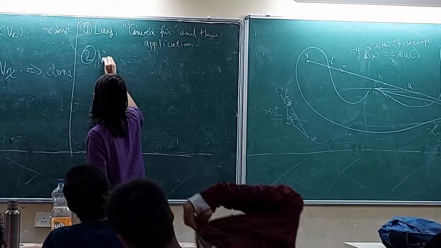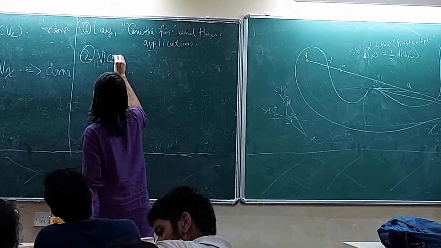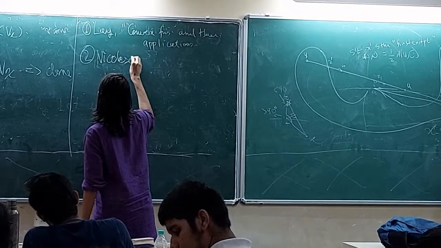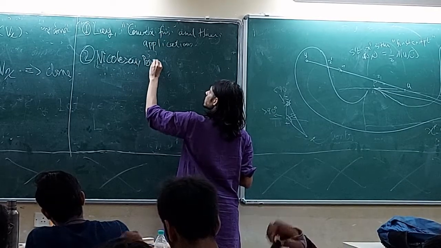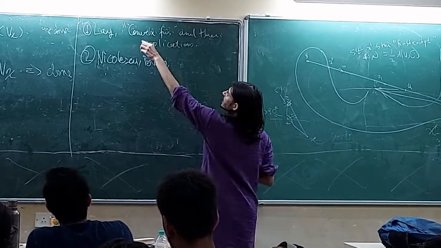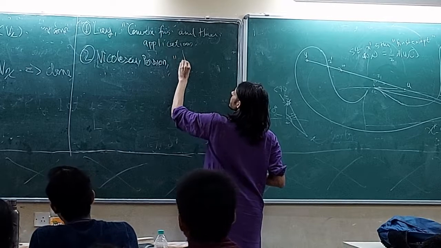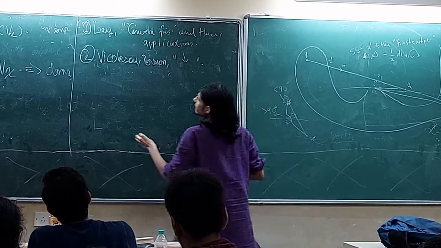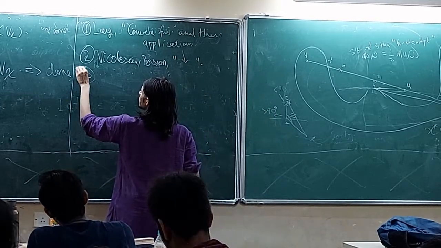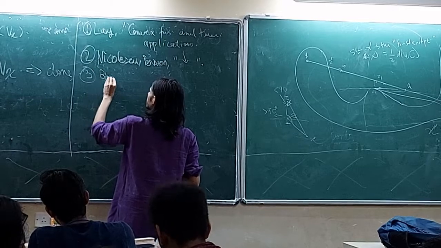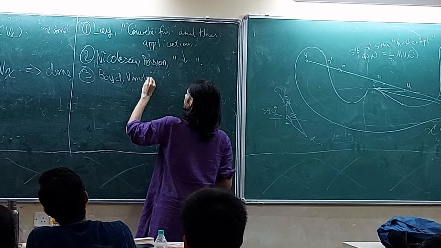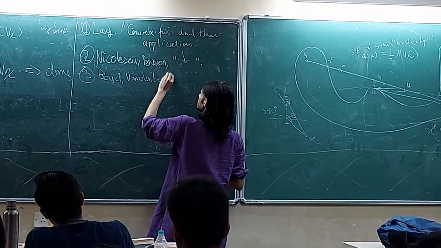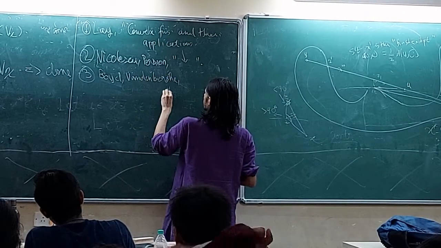Then there is Niculescu and Persson, same thing, Convex Functions and Their Applications. The third book is a book by Boyd and Vandenberghe, and this is called Convex Optimization.